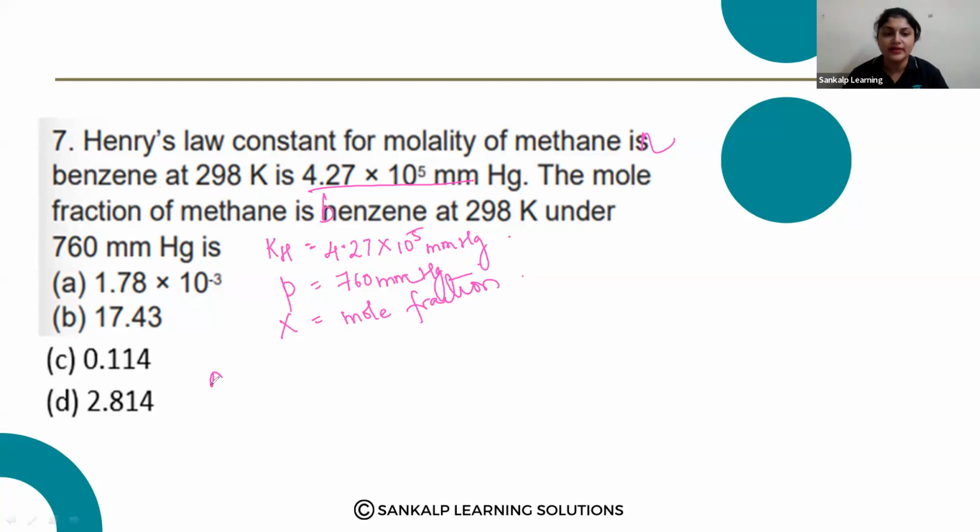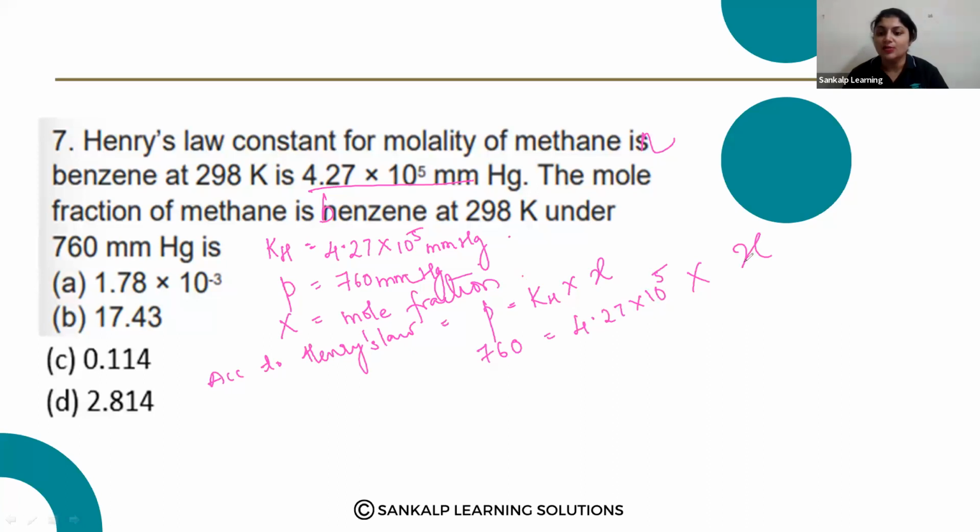According to Henry's law, P is equal to KH into X, that is the mole fraction. P is 760 mm Hg, KH is 4.27 into 10 raised to 5, into X, your mole fraction.